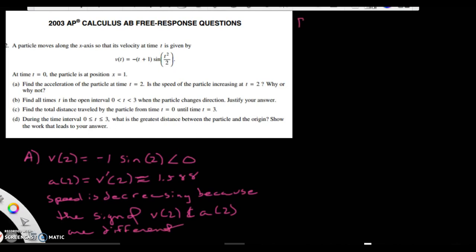Okay, part B. It says find all times t in the open interval 0 is less than t, which is less than 3, when the particle changes direction. Justify your answer. Okay, so all you have to do here is graph this. You're going to get your TI-89 or whatever calculator you use, and you're going to type in this function.